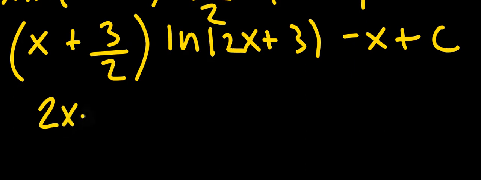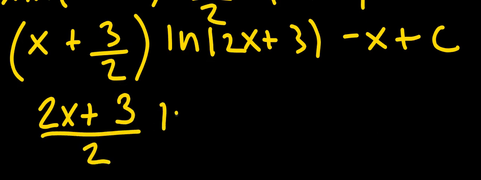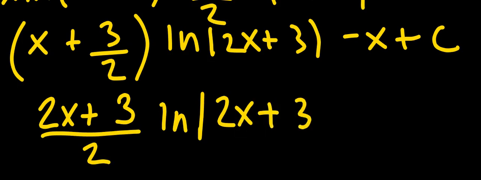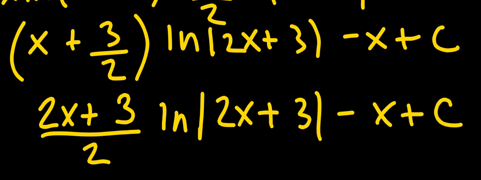And when we get a common denominator, it will be 2x, right? Because 2x over 2 is equal to x. So 2x plus 3 over 2 ln of 2x plus 3 minus x plus c. And that is your answer.